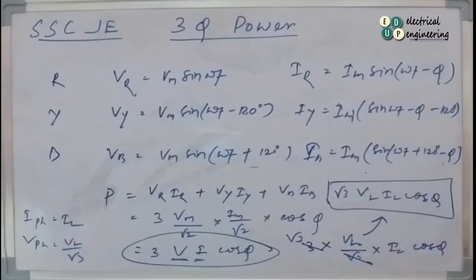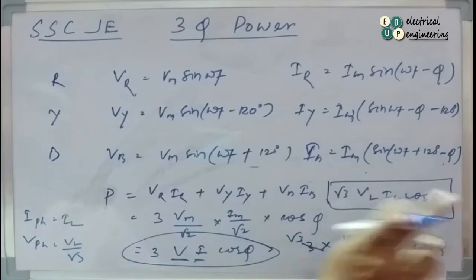If you are writing the power formula in terms of V phase and I phase, then the formula will be 3 V I cos phi. If you are writing in terms of line voltage and line current, then you will get root 3 into VL IL cos phi.